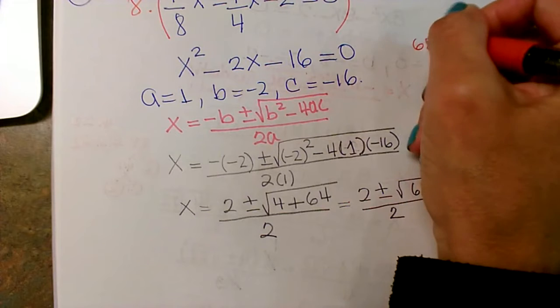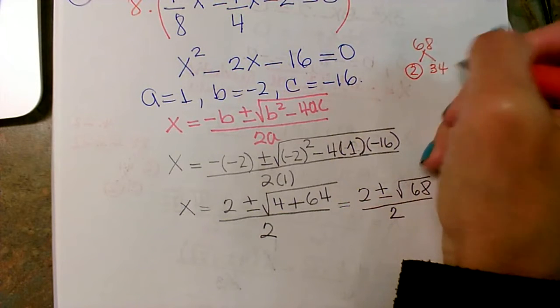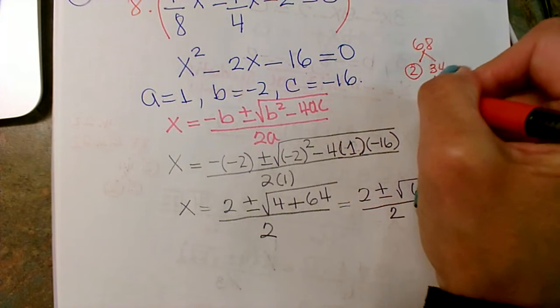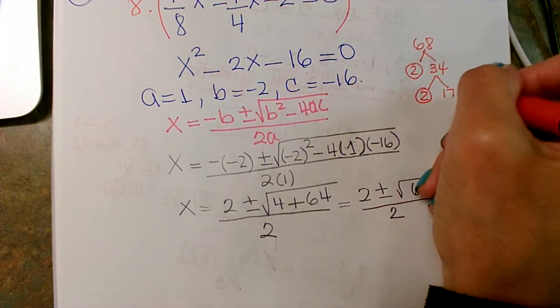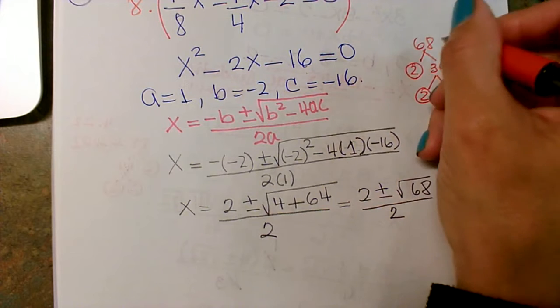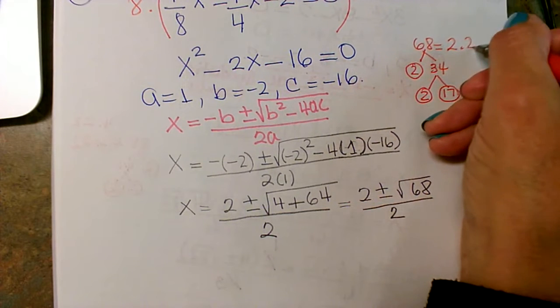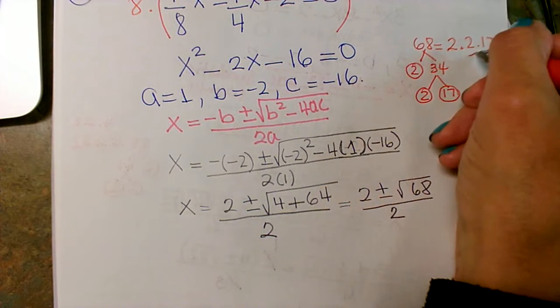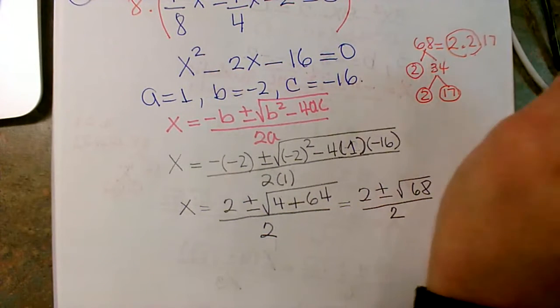So 68 divided by 2 is 34, divided by 2 is 17. And we're done here. So it's 2 times 2 times 17. Here is the perfect square root.